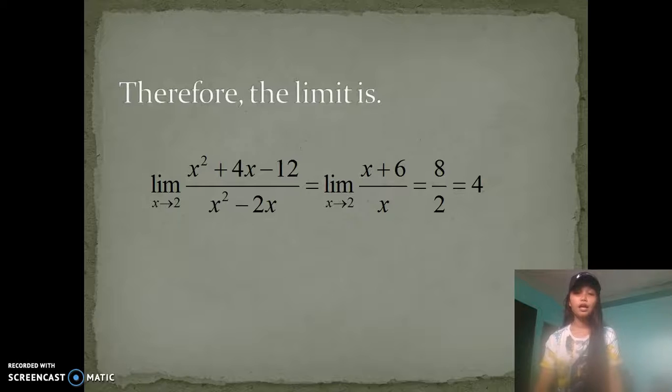Therefore, the limit of x squared plus 4x minus 12 over x squared minus 2x, where x is approaching 2, is equal to the limit of x plus 6 over x, where x is approaching 2, which is equal to 8 over 2, or 4.